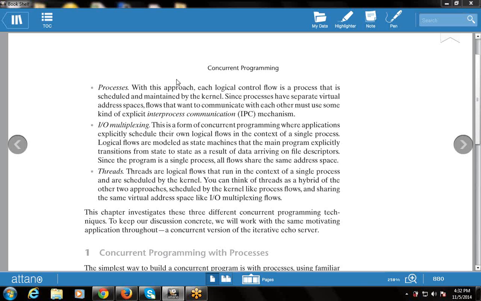With the process approach, each logical control flow is a process that is scheduled and maintained by the kernel itself.